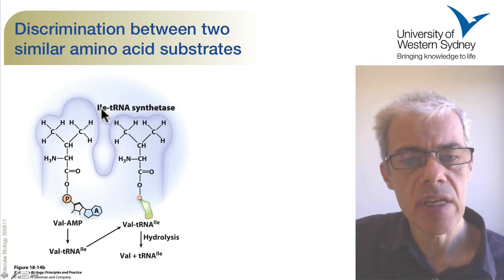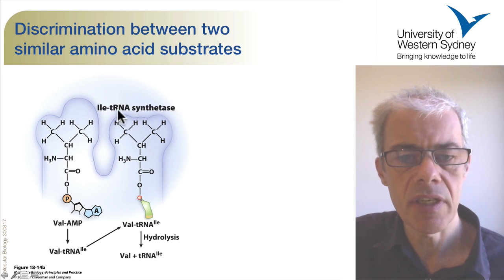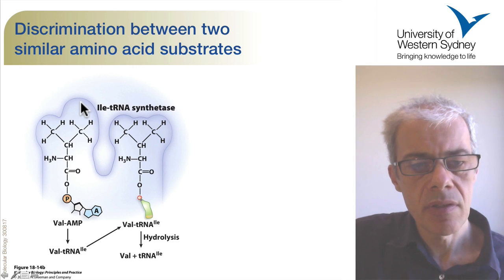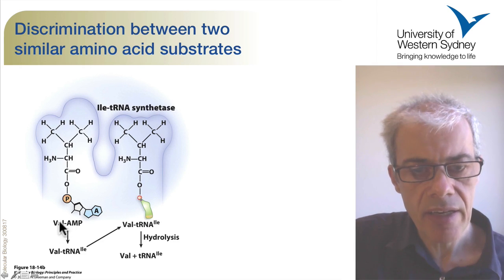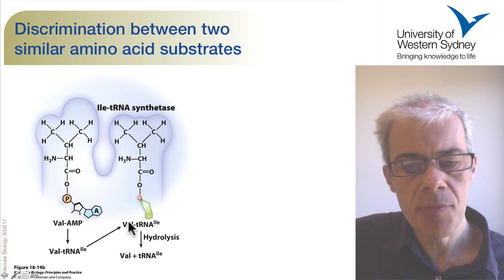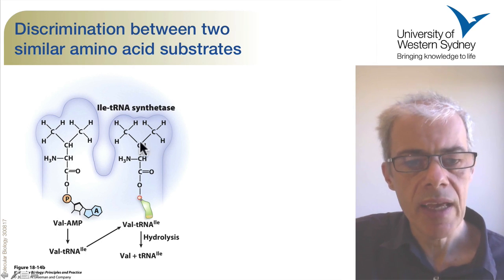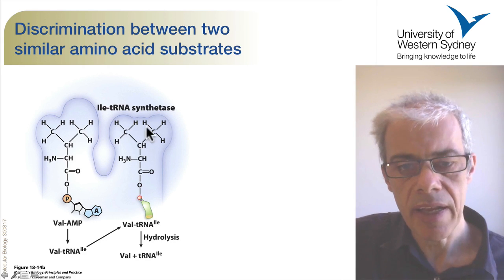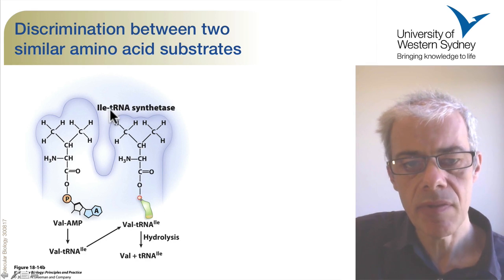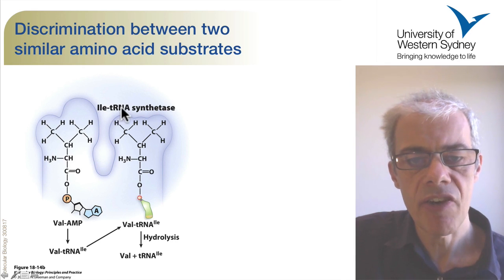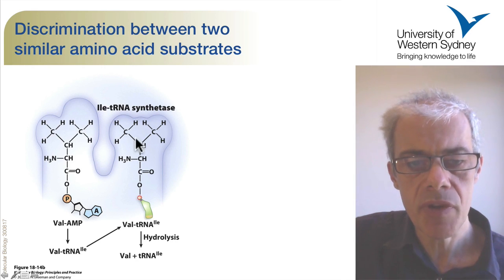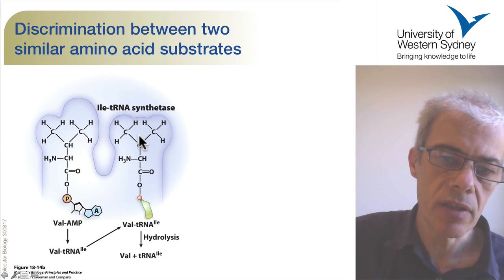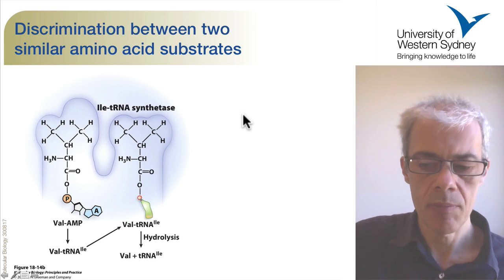So if this is the other synthetase here, the isoleucine tRNA synthetase, the pocket's large enough to fit the incorrect amino acid, but it has a proofreading pocket that's smaller, and if the incorrect amino acid fits in the smaller pocket, then it's removed. So effectively, the isoleucine tRNA synthetase is able to proofread the fact that the wrong amino acid is incorporated by having this smaller pocket for proofreading.